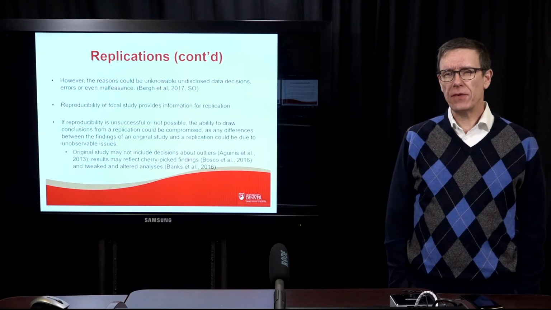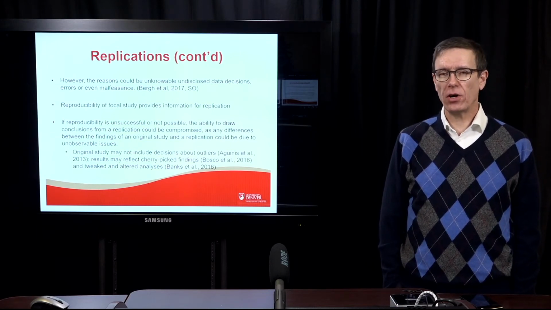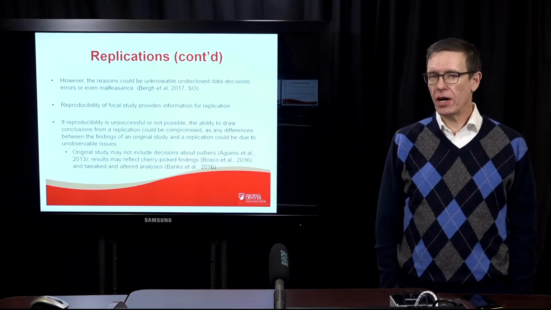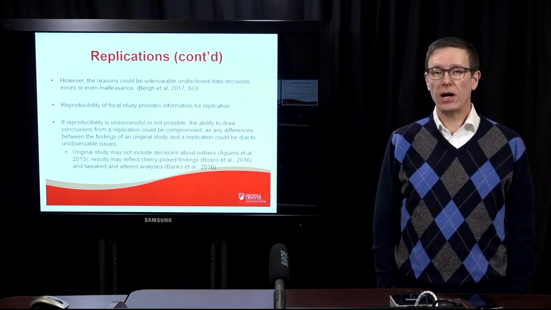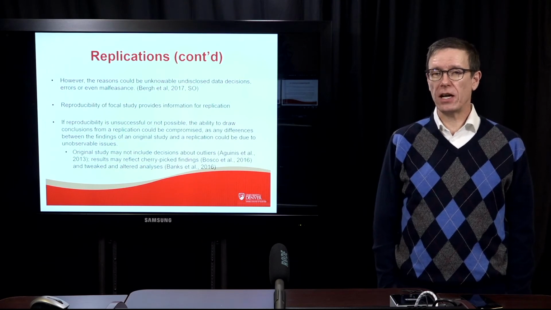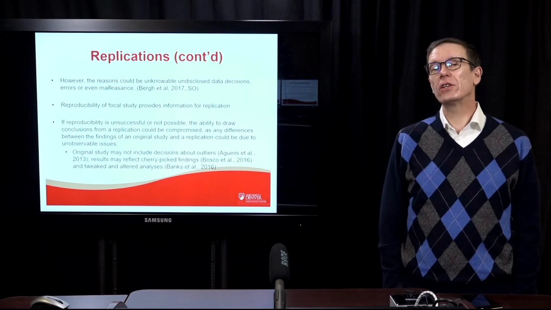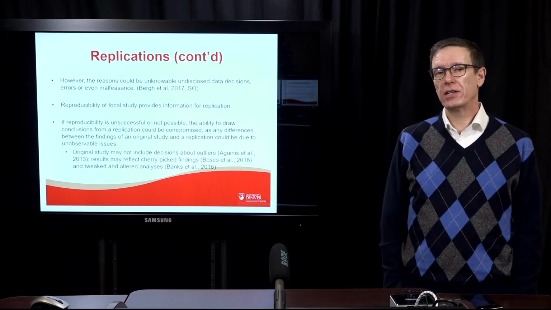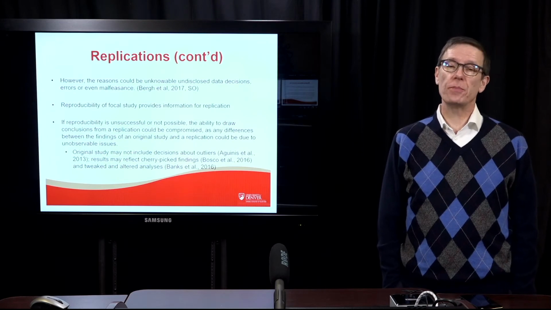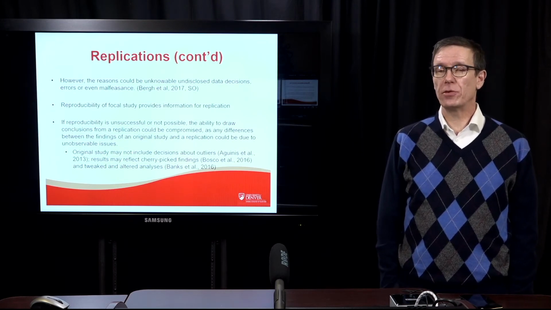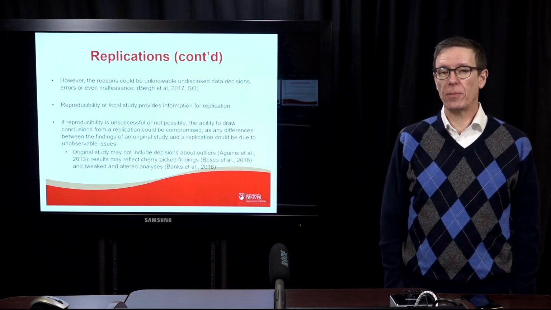However, the differences between the replication article and the focal article could be due to other factors than just differences in the studies. There may be unknowable and undisclosed data decisions, errors, or even malfeasance in the original article that could cause or at least be the source of those differences. The reproducibility of that focal study would provide us information to help us better understand the differences in a replication.